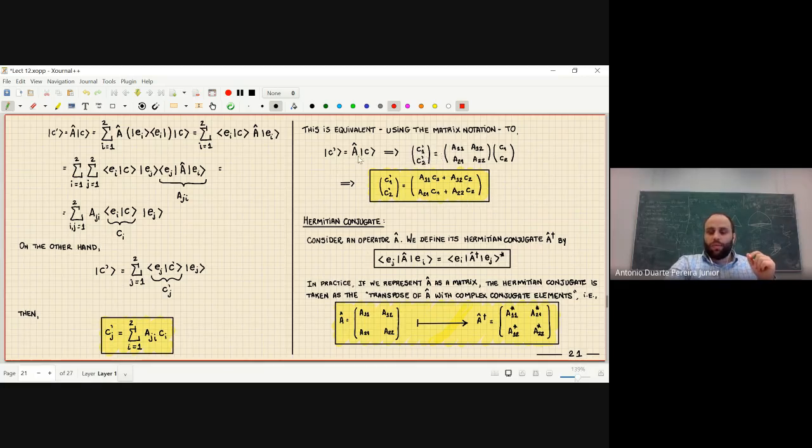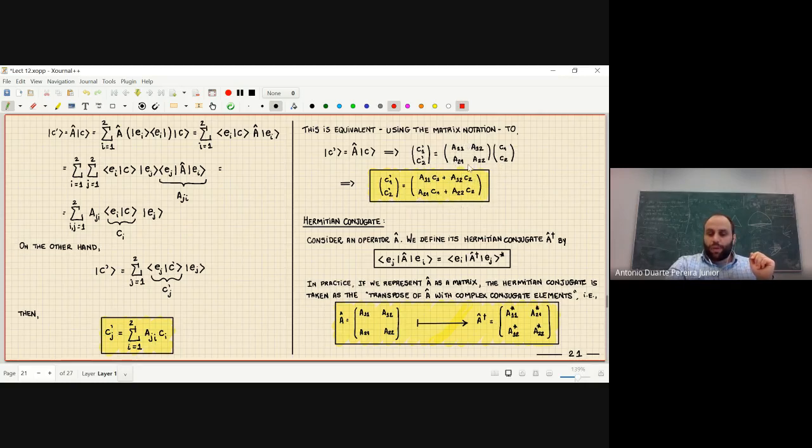These must be equal to the matrix A hat, which, as we already saw, is A11, A12, A21, A22, multiplied by the vector C, which is a column vector, nothing but C1 and C2. So now I can act with this 2 by 2 matrix on this column vector, and I will get this column vector here.